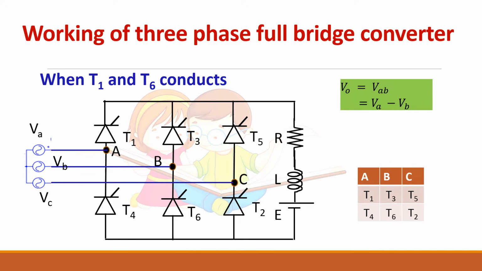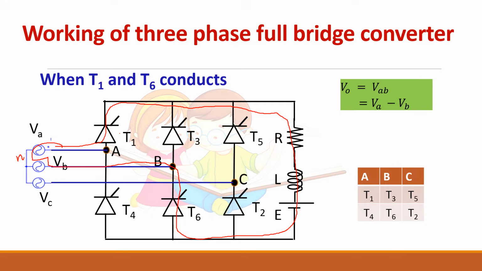So when T1 and T6 conduct, which device is T1? It is here and T6 is here. So when T1 and T6 conduct, current flows through the load, then T6 is here, so current flows through this line. This point is neutral.